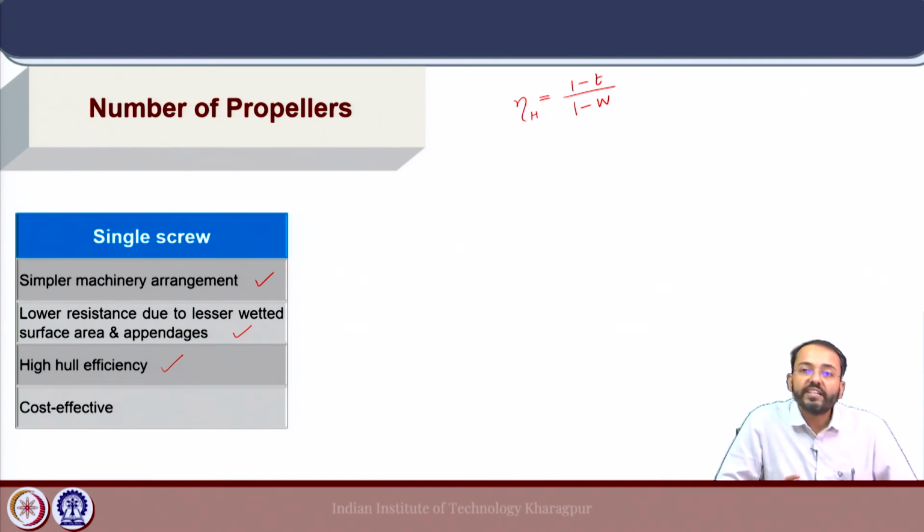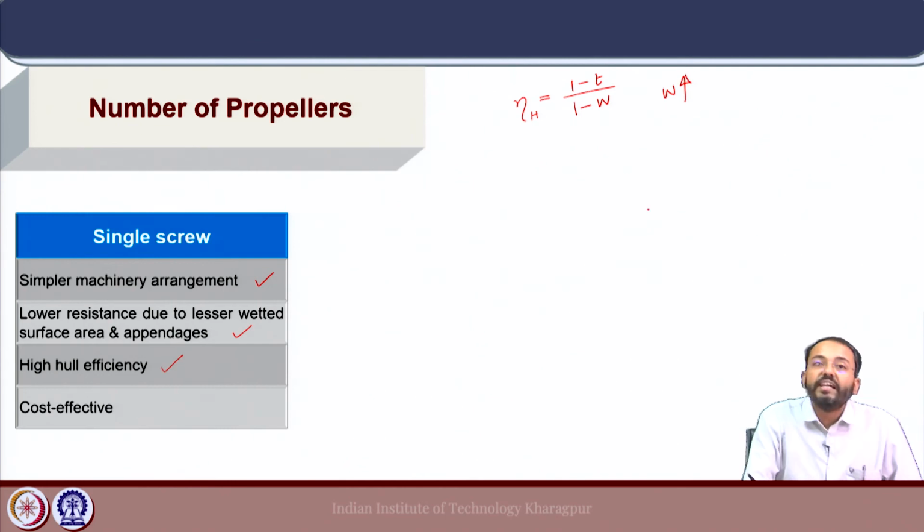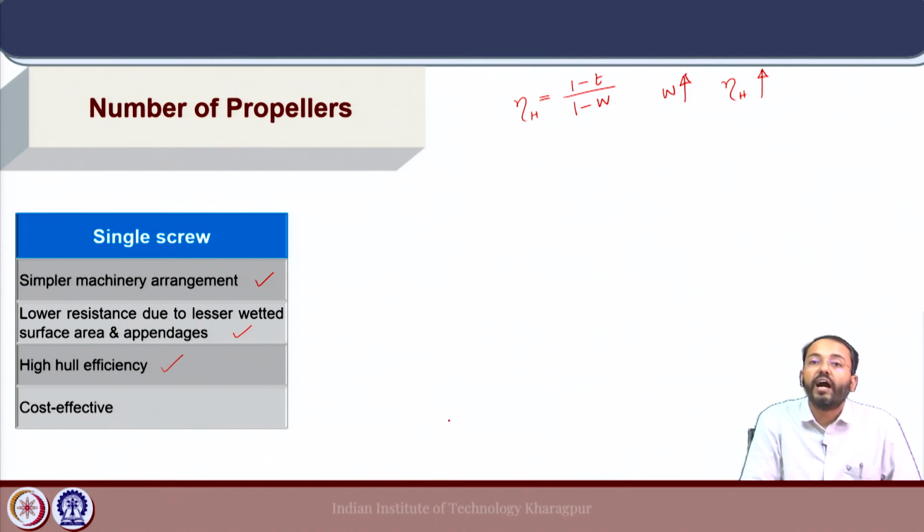So, the wake fraction is much higher for a single screw vessel as compared to a twin screw vessel. Because wake fraction is higher, it will lead to higher value of the hull efficiency, as we can see from this equation.